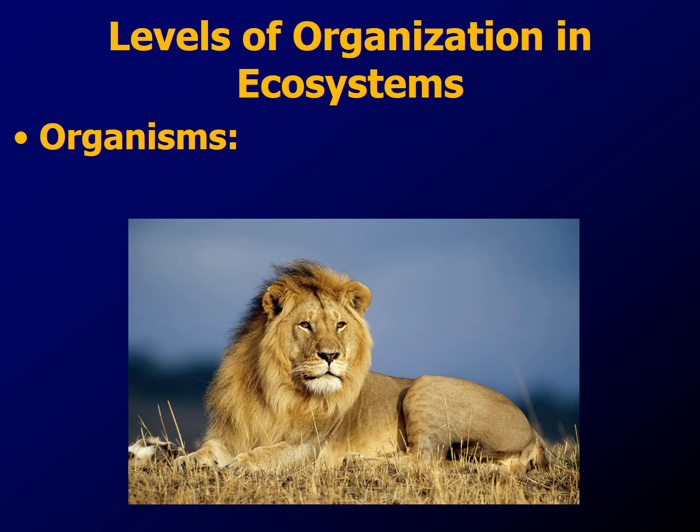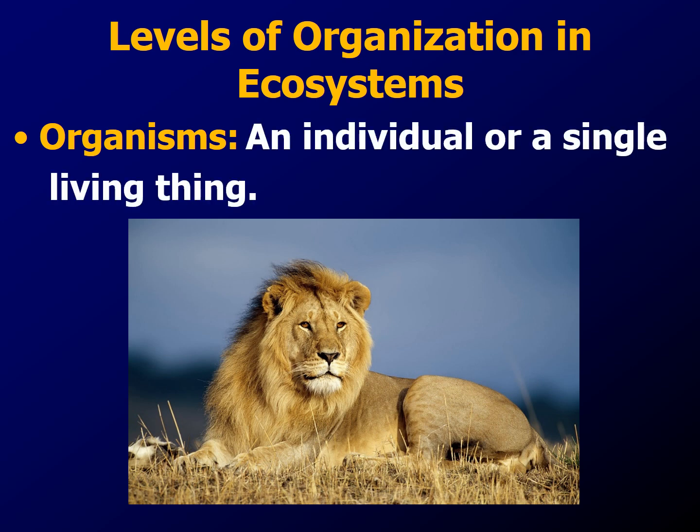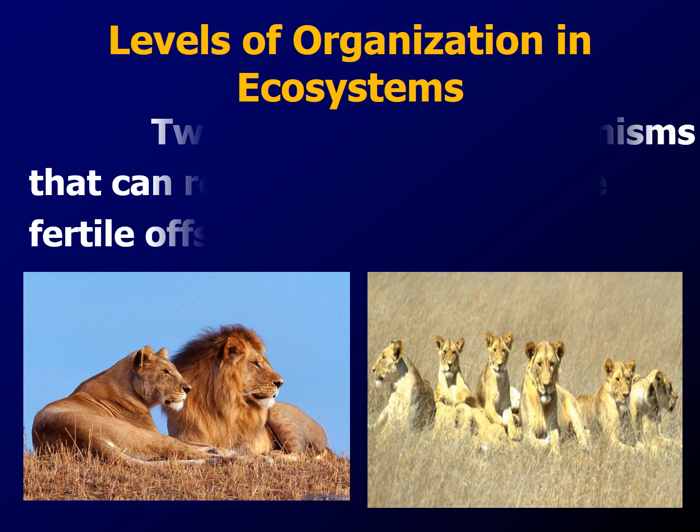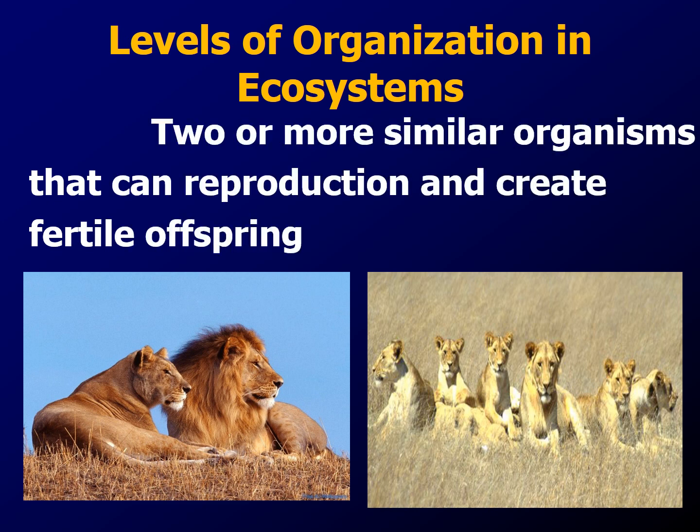When you look at the organization of an ecosystem, you have to start with an organism, which is basically one living thing. Two or more organisms who are so similar, as in the case of the lines below, that they could reproduce and create offspring who are able to reproduce, are called a species.